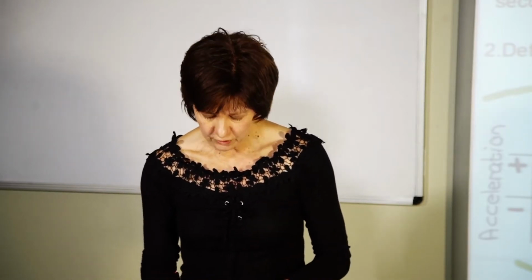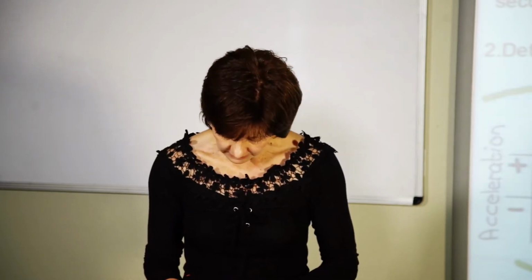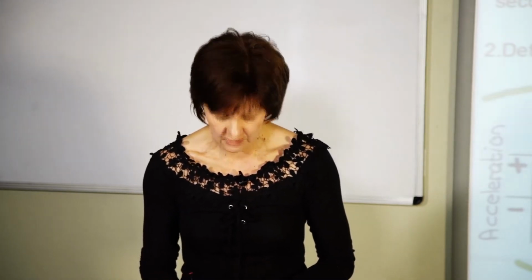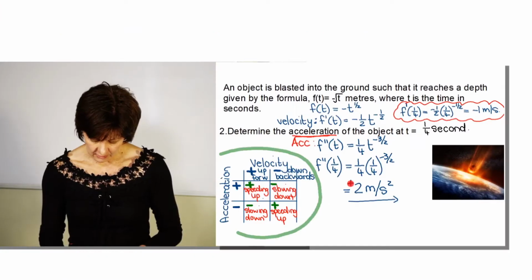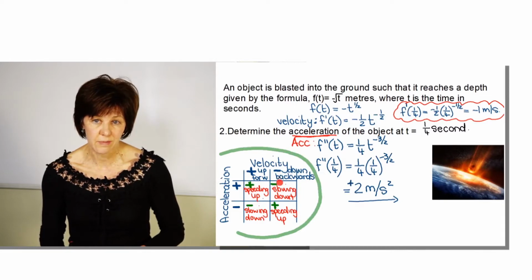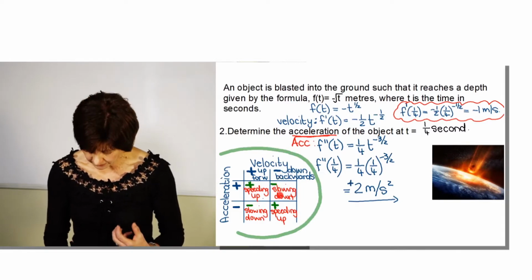So just to help me to remember the table, I use it like this. I say positive and positive will end up giving me positive. Negative multiplied with positive, so in this space here I'll get a negative. Positive multiplied with negative is the negative, and negative multiplied with a negative is positive. So if positive is representing speeding up and negative is representing slowing down, we can use the table to interpret what happened here.